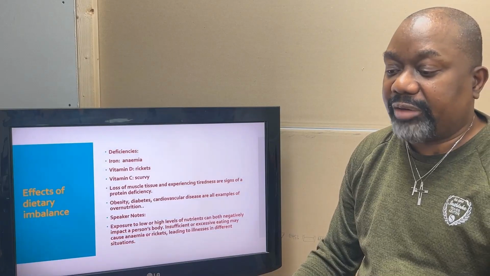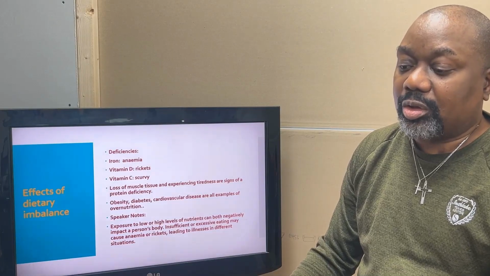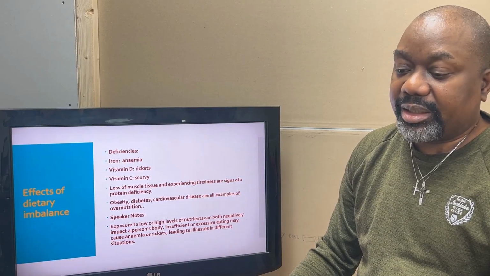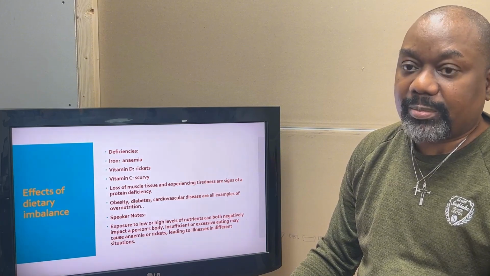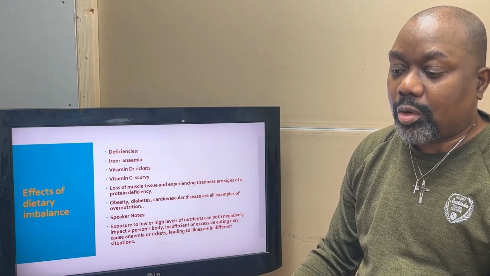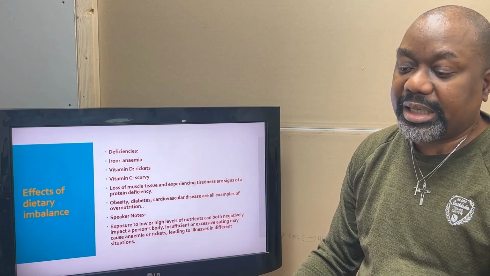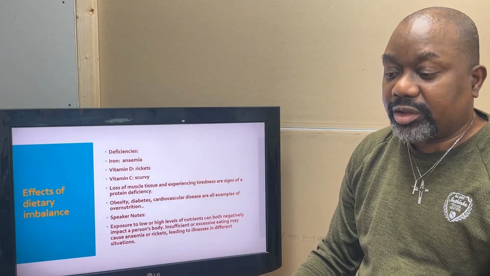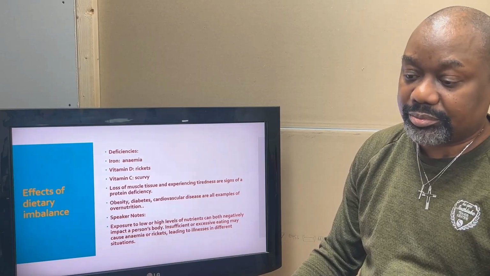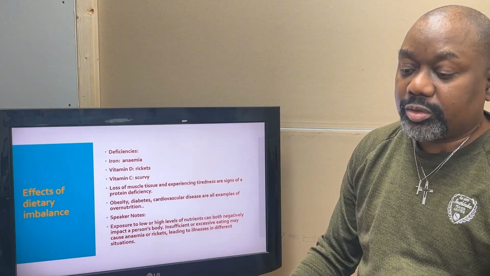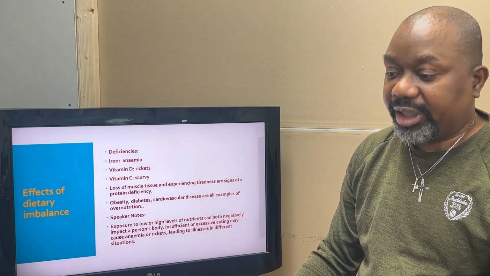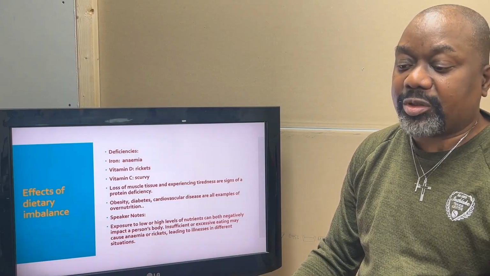Exposure to low or high levels of nutrients can both negatively impact a person's body.